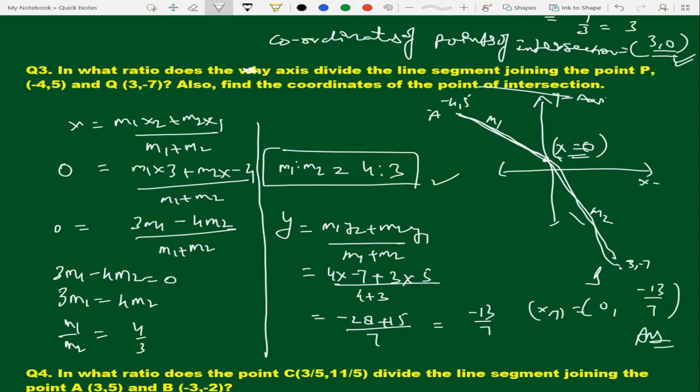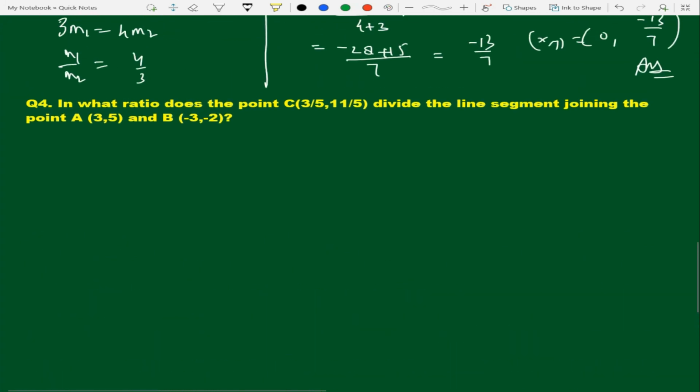Now our next question is, in what ratio does the point divide the line segment joining the points? Clear? So here the point of intersection coordinates are given and the ratio is not given. So we should find in what ratio, means the ratio will be m1 and m2.